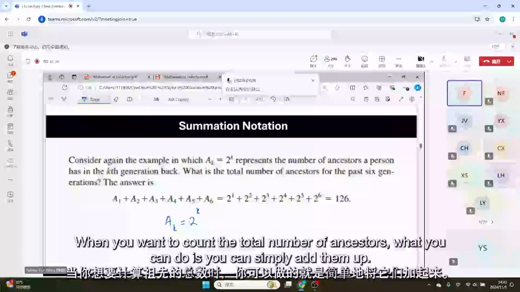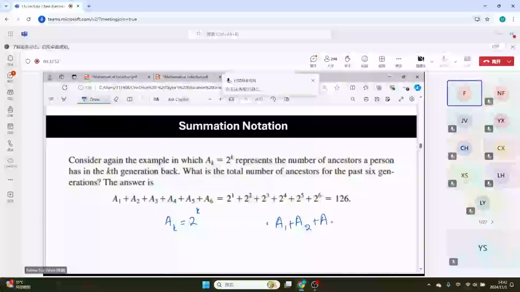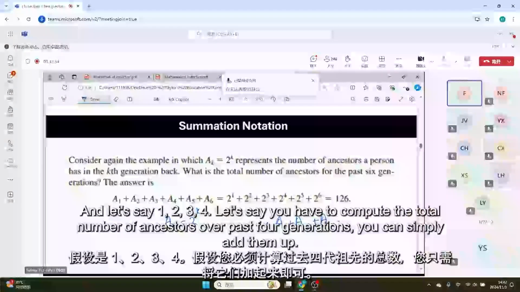To count the total, you can simply add them up. A1 is your first generation, A2 the second, A3 the third, and so on. Say you have to compute the total number of ancestors over the past 4 generations. You can simply add them up.